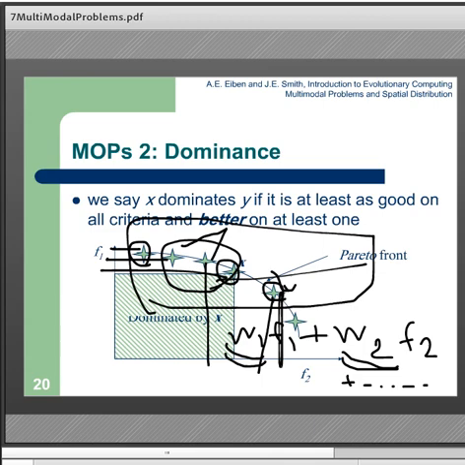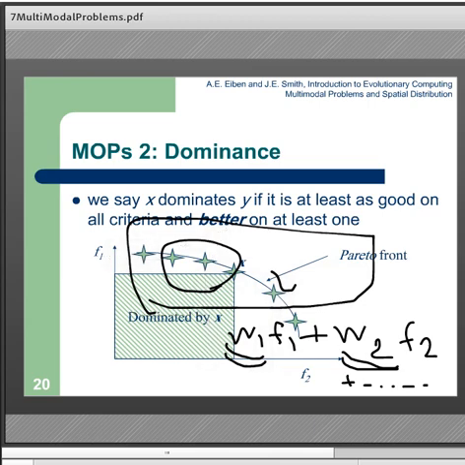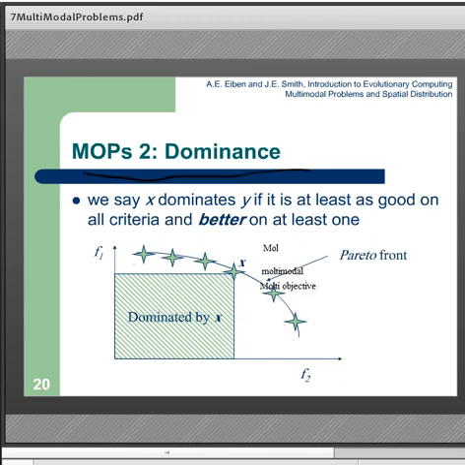The dominant element or Pareto set is a set of elements that is the best with one fitness, but it's not the best with another fitness.